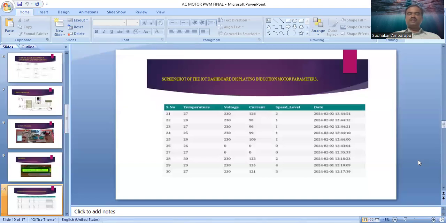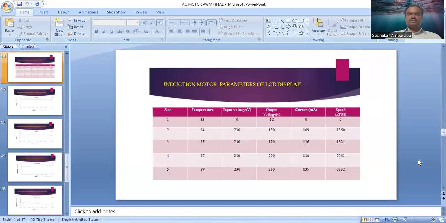So the different stages of the induction motor are monitored continuously. Even by the LCD display, we can monitor the status of the induction motor. We can observe the temperature, input voltage, output voltage, and current drawn at different speeds.